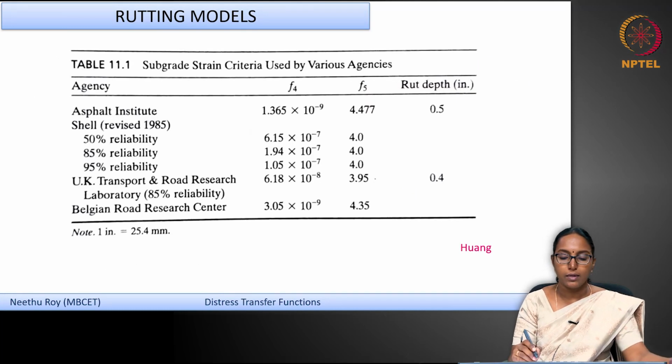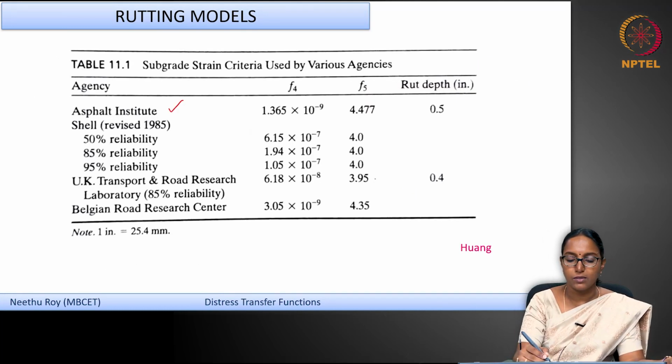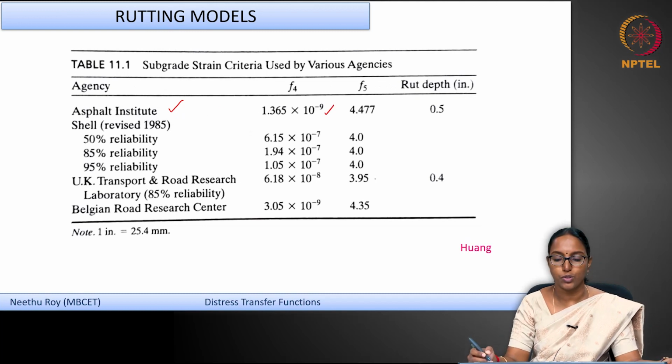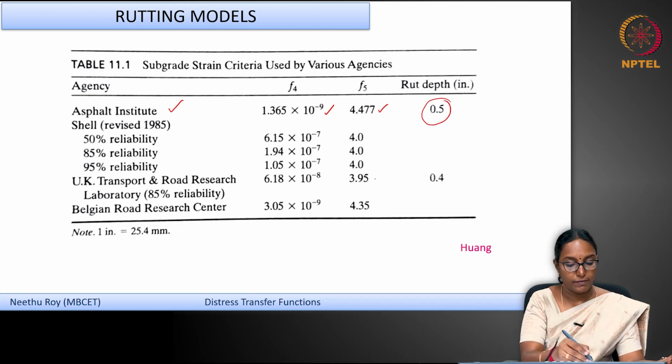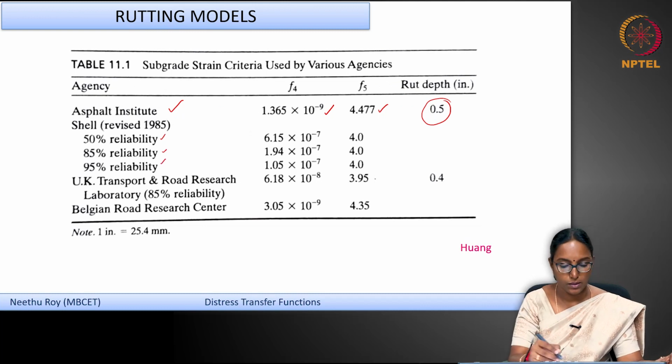As you can see here, the Asphalt Institute has given F4 as 1.3 into 10 raised to minus 9 and F5 as 4.477, and the failure criterion adopted is a rut depth of 0.5 inch, whereas Shell has given these parameters at various reliability levels of 50%, 85%, 95% and so on.